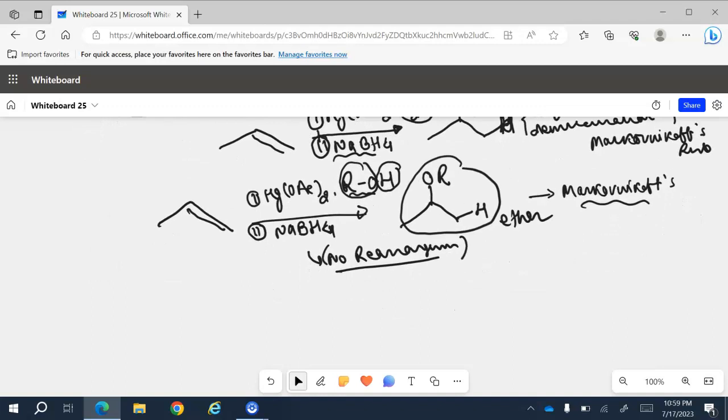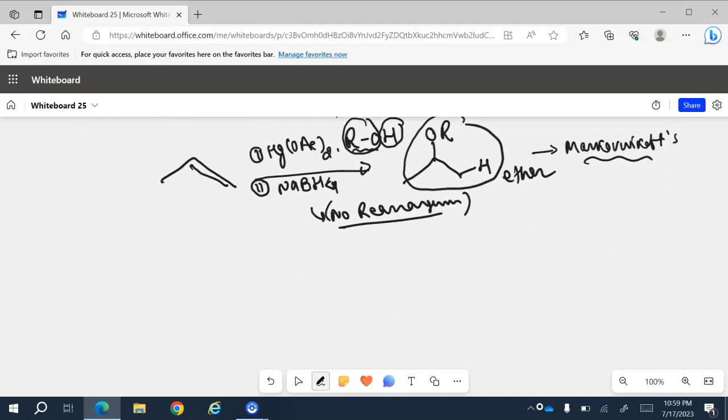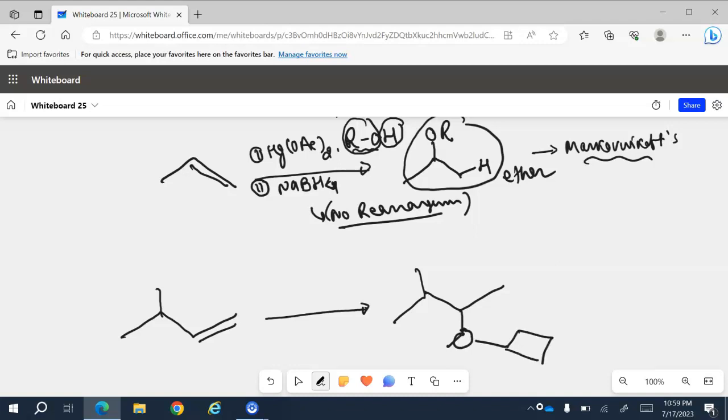Say for example, now we have some type of unsymmetrical alkene, and you wanted to convert this into, say for example, oxygen is here, and we have a four-membered ring. This is the ether that you wanted to prepare.